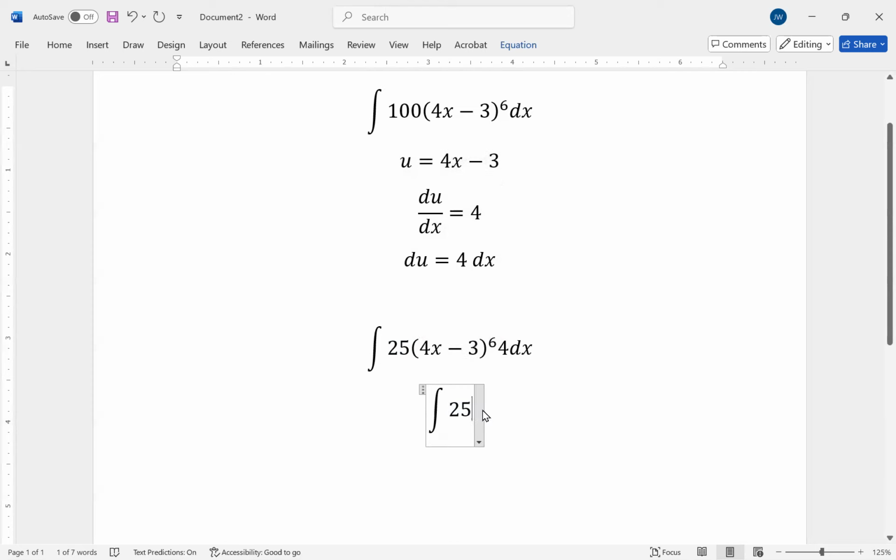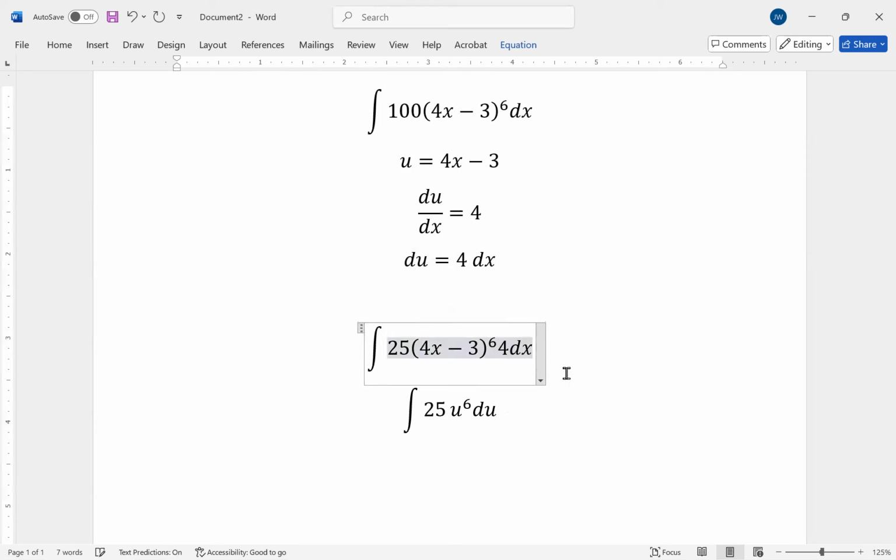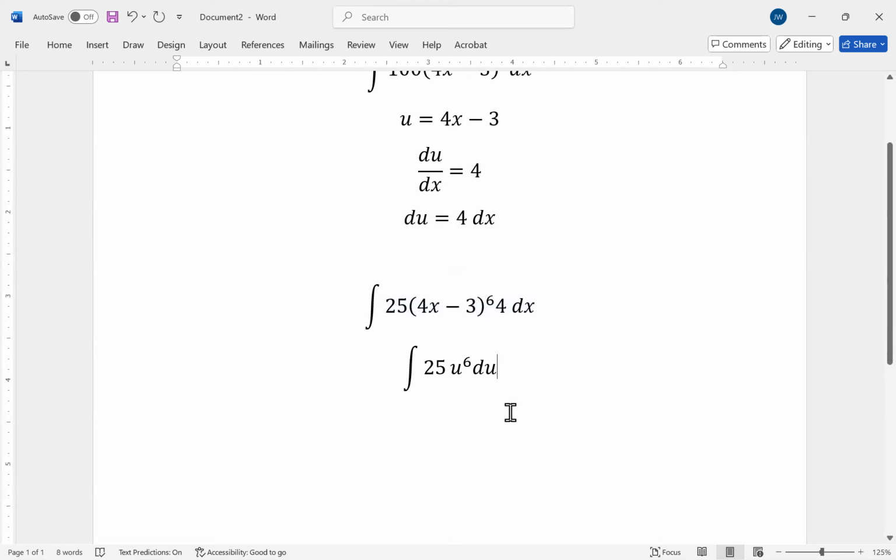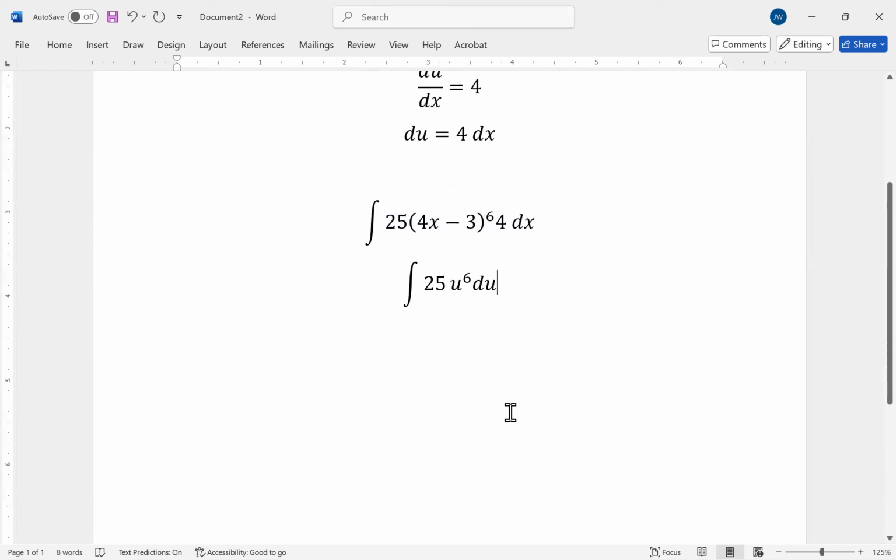So that is just going to be 25 u to the 6th power. And then the 4 times dx can be replaced with a du. So we went from integrating with respect to x now to integrating with respect to u. We've essentially repackaged our integration in a way that's easier to integrate using our basic rules.